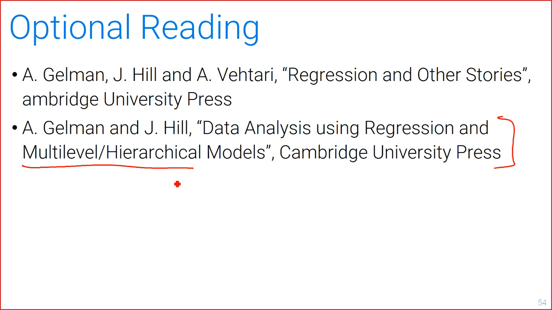If you want to limit yourself to only regression in general without going to the hierarchical case, this is a book that they published just this year, and it's kind of the regression part of this book expanded into its own book. So look it up online.